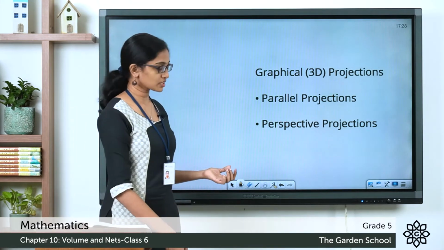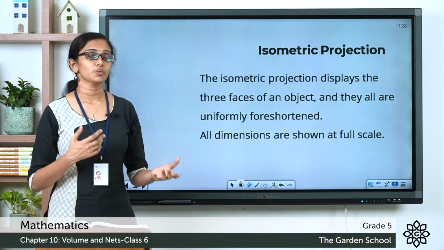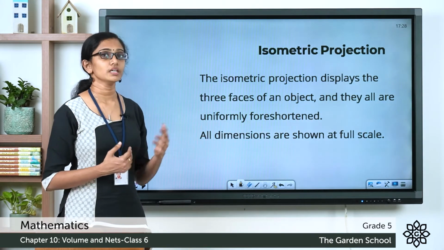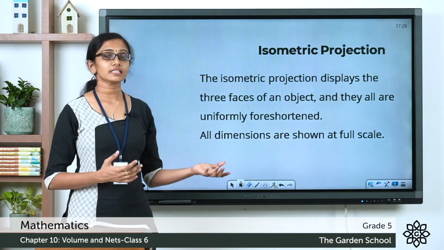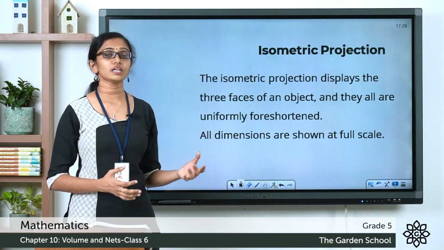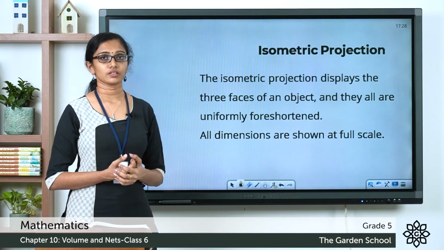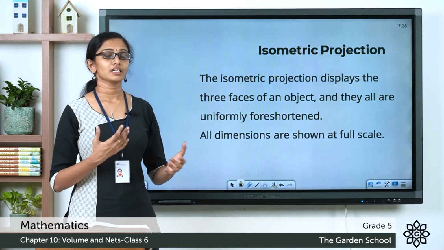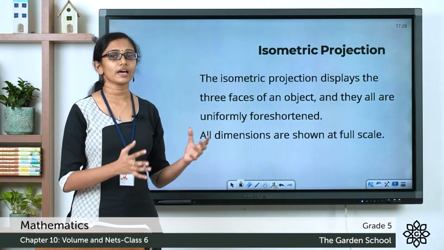And there is isometric projection, which gives you drawings that display the three faces of the solid object. These sketches show the dimensions at their full scale, and give you a proper idea of an end product.